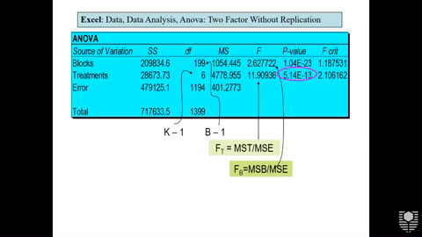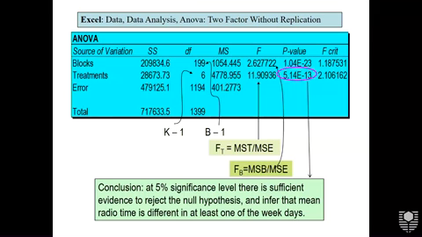And the critical value, so what do you think? Smaller than the 5% significance level, what are you going to do? What's your decision?